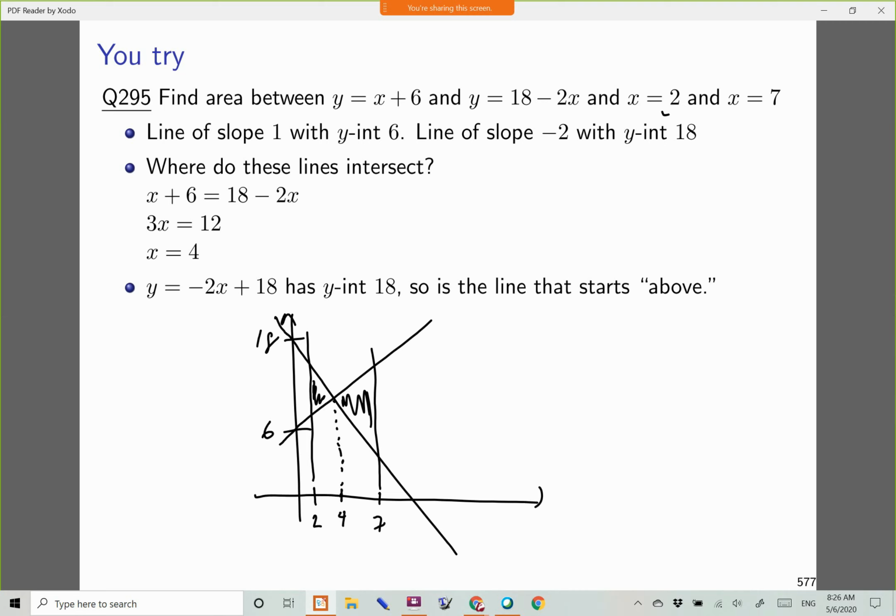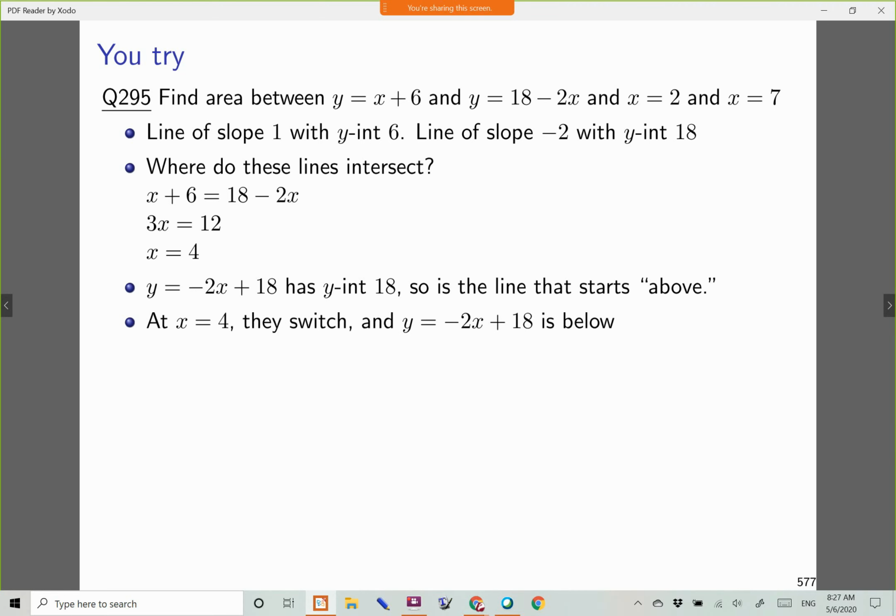The line that starts above is the one that had a running start, with the y-intercept being 18. Then right at x equals 4, the two lines switch roles, and y equals -2x plus 18 ends up being the one that's below once you go past x equals 4.